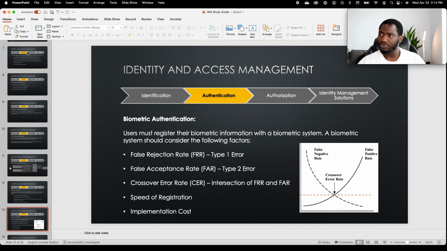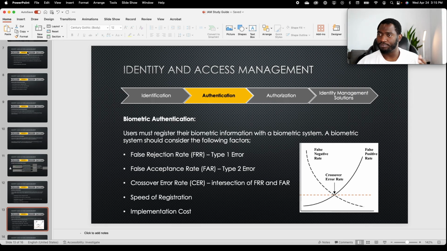So the false rejection rate is really how often is this biometric system falsely rejecting an authorized user, while the false acceptance rate is how often is this biometric system falsely accepting a user that shouldn't have access to the resource, right?